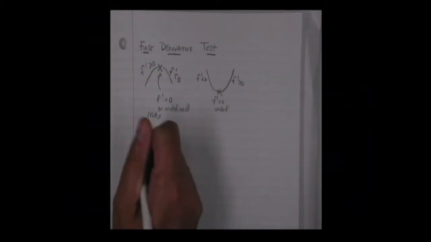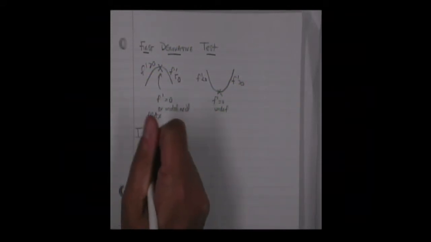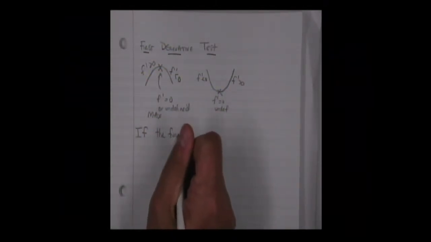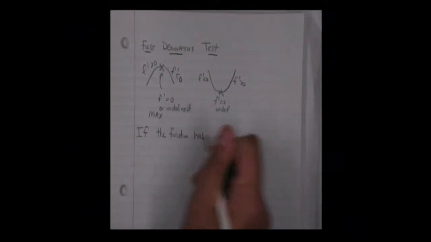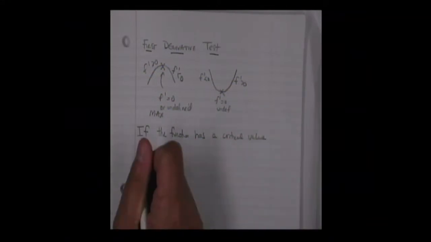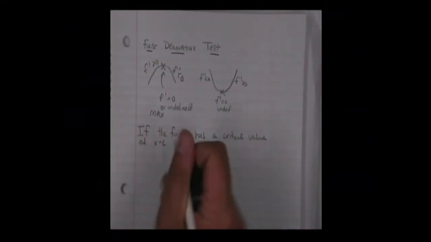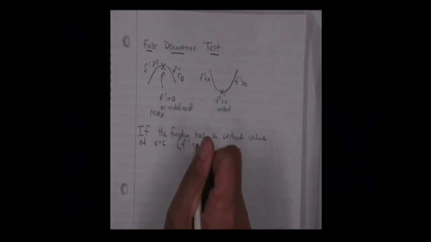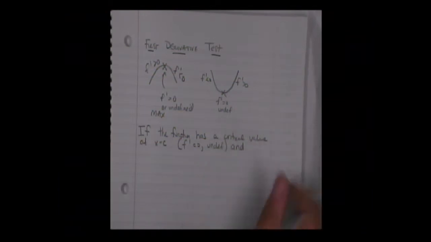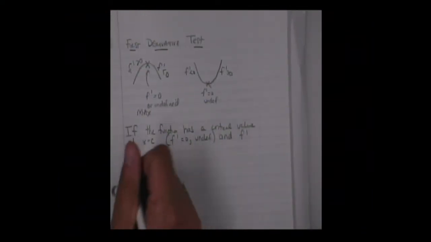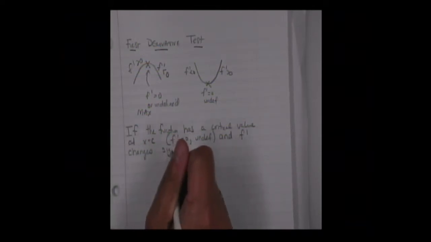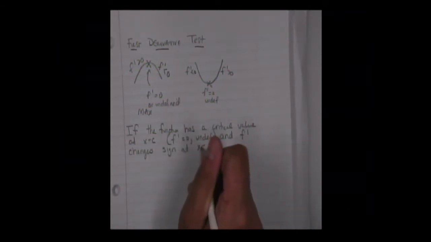So the first derivative test says if the function has a critical value at x equals c, and remember that means f prime equals 0 or it's undefined, and f prime changes sign at x equals c.